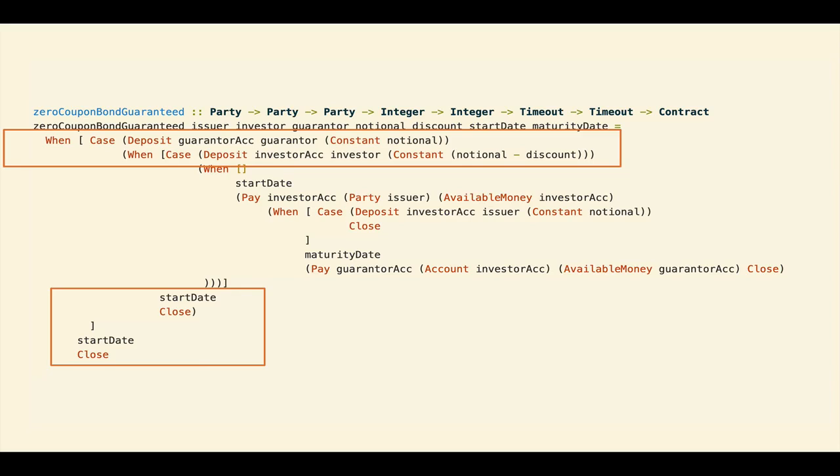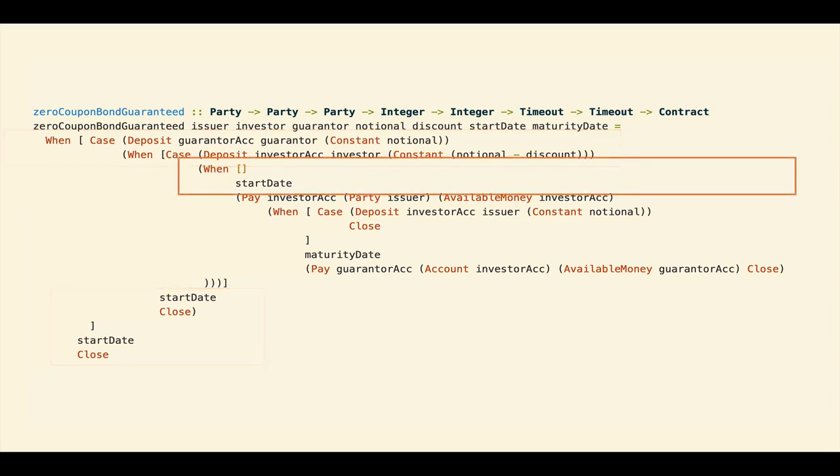So what happens? Let's suppose now that the deposit has been made by the guarantor, and then the deposit has been made by the investor. What we have next is an interesting construct. It's a when with no cases. So there is nothing here to succeed. The purpose of this is to say we wait until the timeout happens.